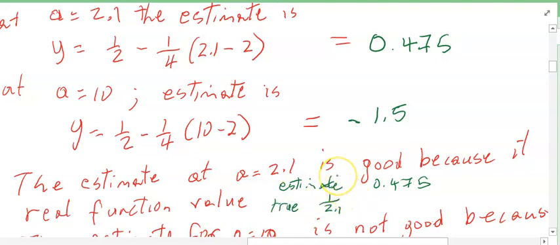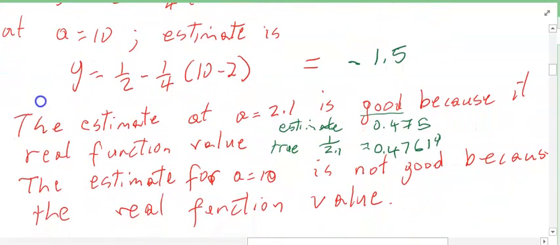Converting that to decimals, it is about 0.47619. Matching the parts, you find that this is pretty close. So we say it's a good approximation, because it's pretty close.